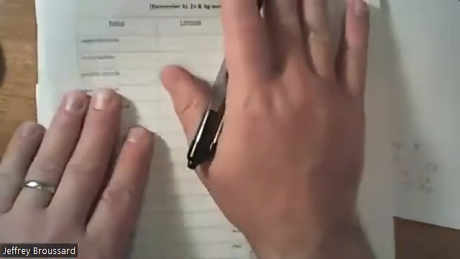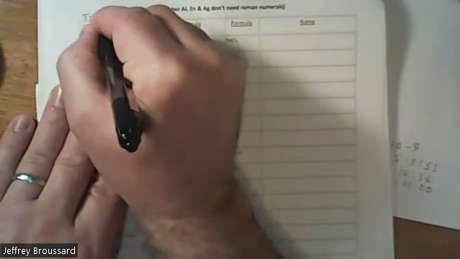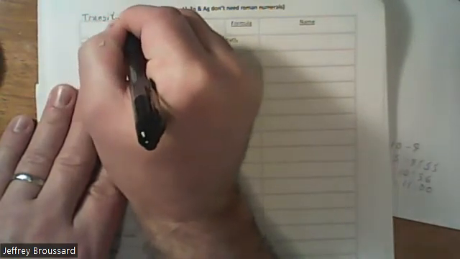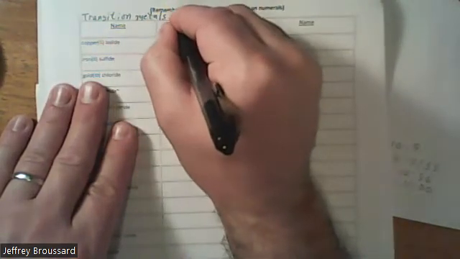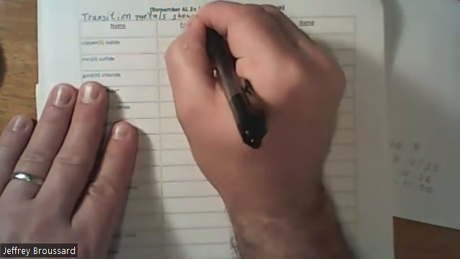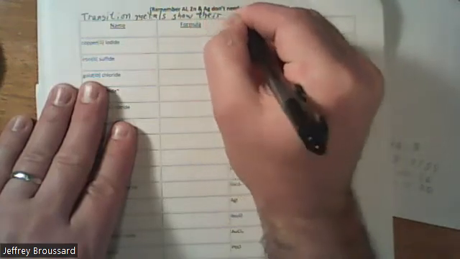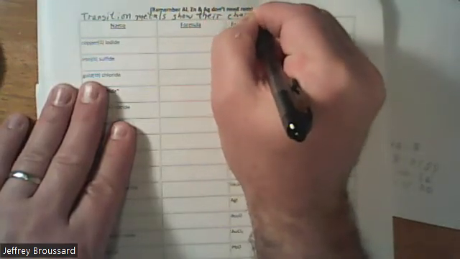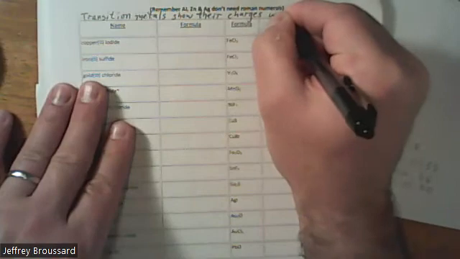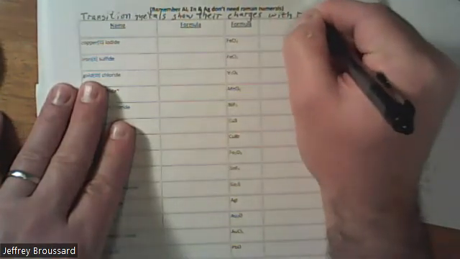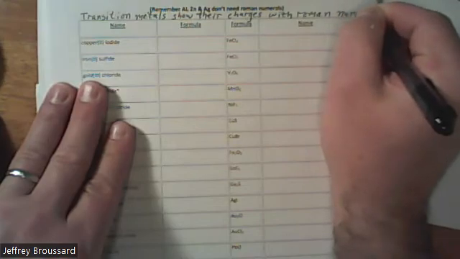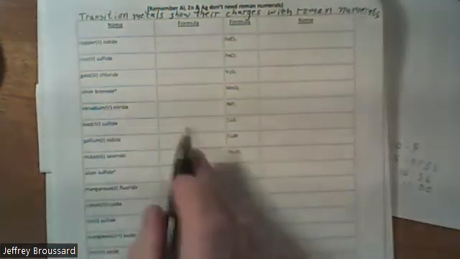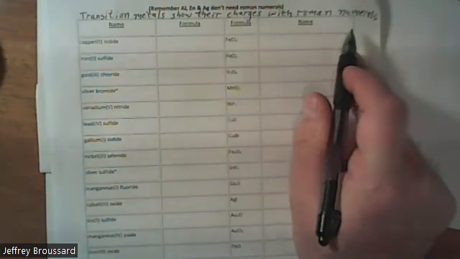So transition metals show their charges with Roman numerals.